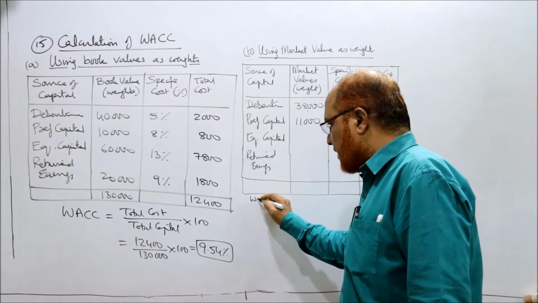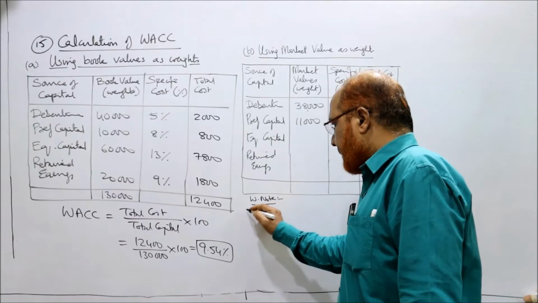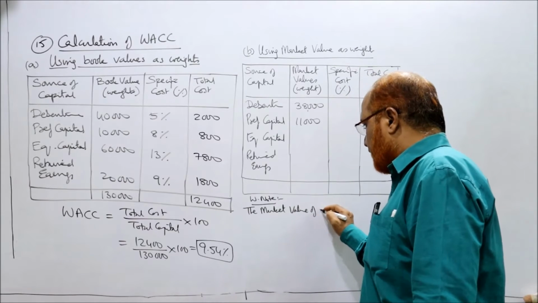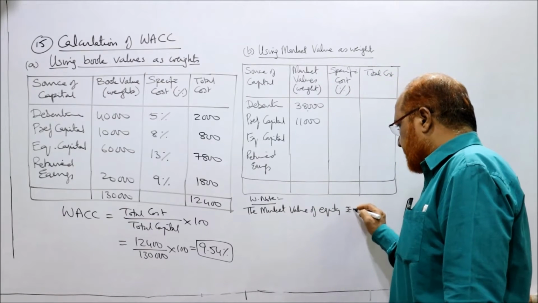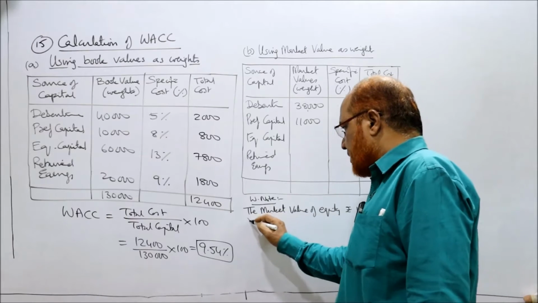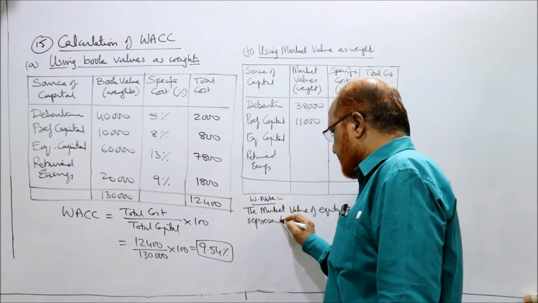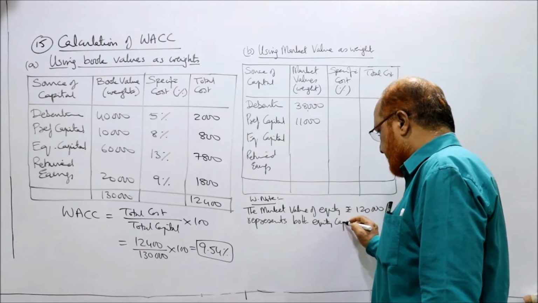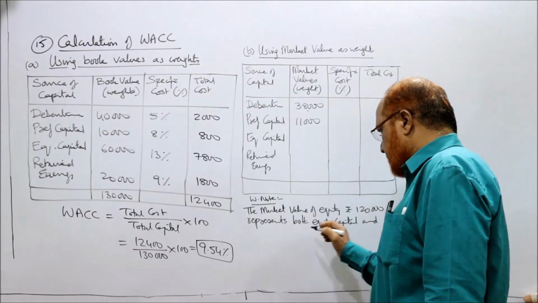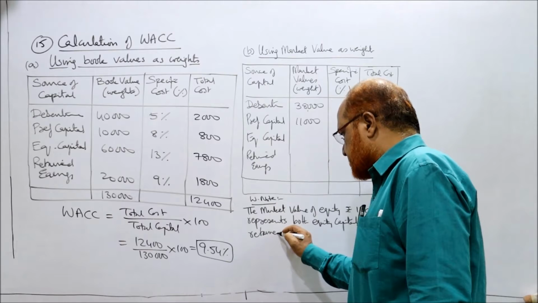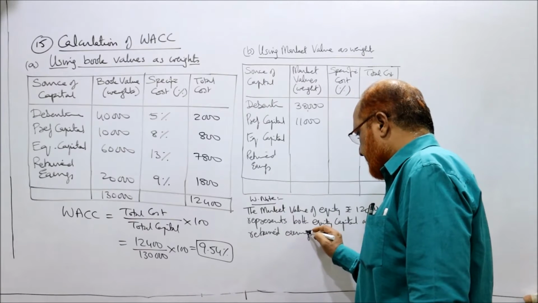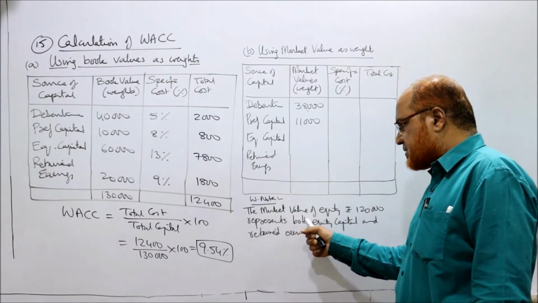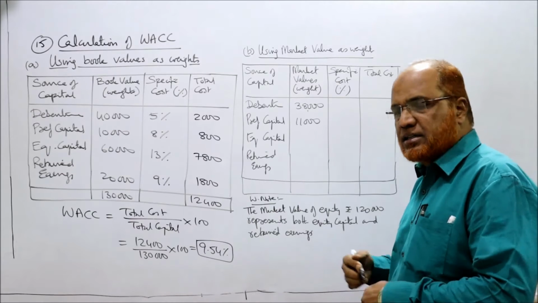In working notes we will write down: the market value of equity rupees 1,20,000 represents both equity capital and retained earnings.